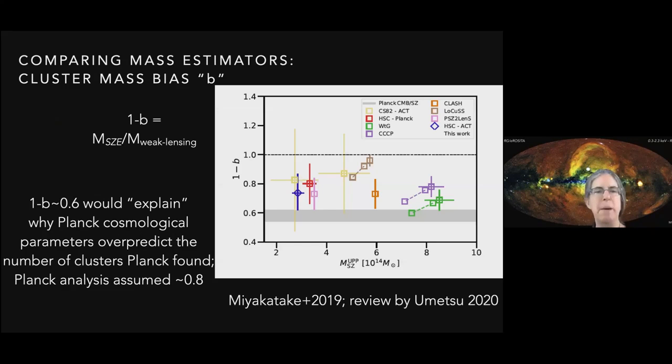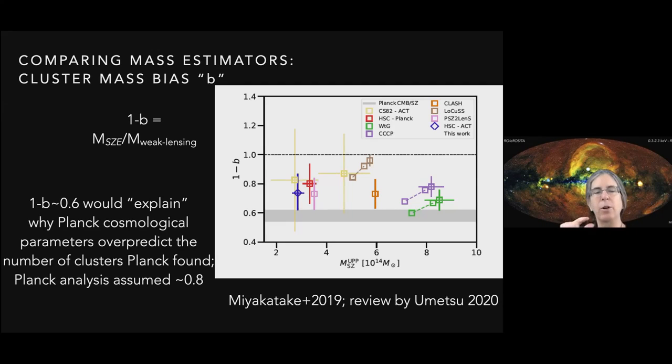For example, there is still, as far as I understand, a continuing controversy and tension between the Planck cosmological parameters that allow you to predict the number density of clusters as a function of mass, and the number and masses of the clusters that Planck actually sees.